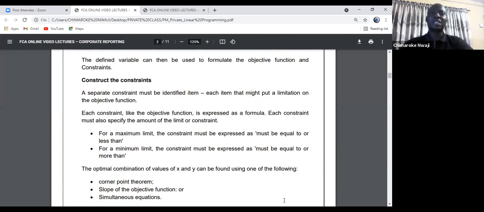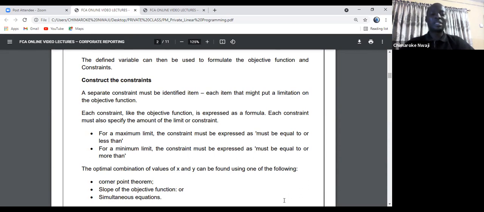It means that if there's going to be a constraint for time, you should know the limit of time that you have on hand. If it is a constraint of material, you should know the limit of material that you have. How will you know the limit? You'll be saying things like must be equal to or is not less than.